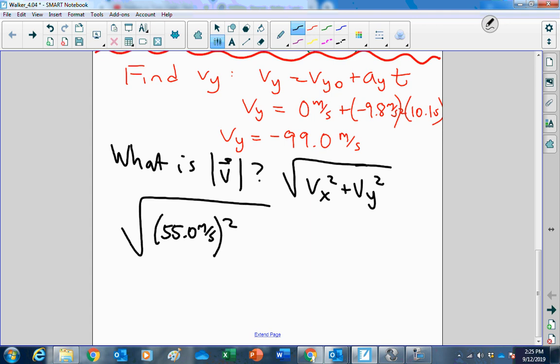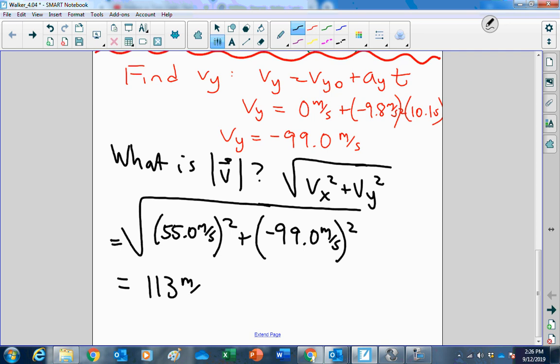That's the Vx. And then I just solve for Vy. Okay, and when I go there, then I get 113 meters per second.